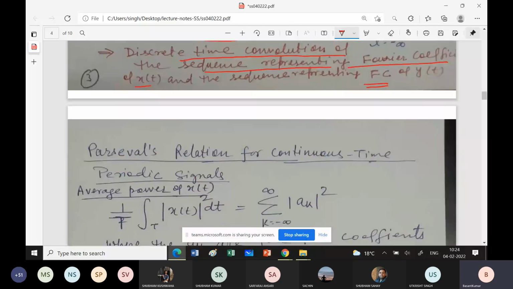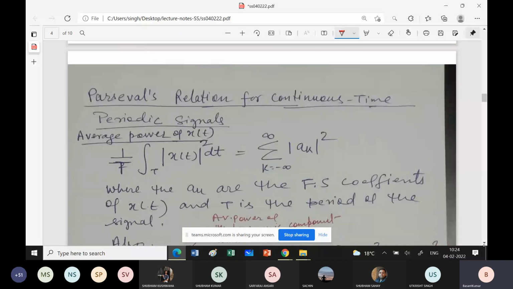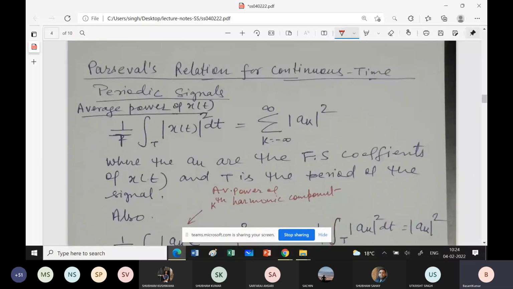Okay, now when you are trying to represent some signal, if you have a periodic signal, you can easily compute the power of that signal. We have done it.